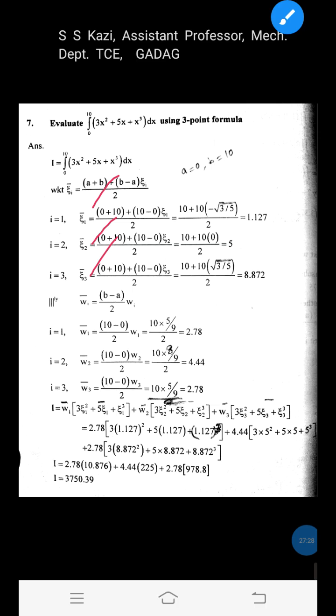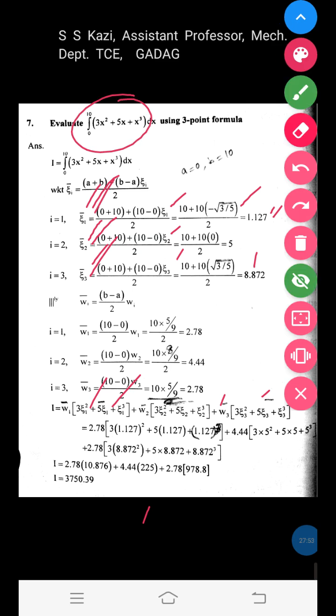If you are using x1 bar, x2 bar, x3 bar, just replace zeta by x here, then you will get the same solution. And if you write this function in terms of zeta bar, you will also get the same solution.